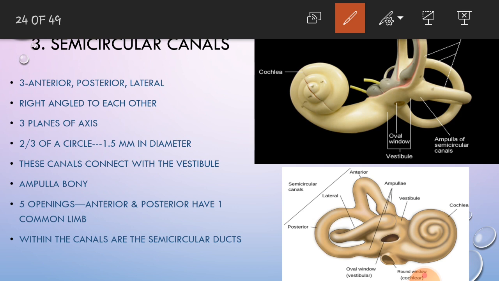So basically there are 5 openings of the semicircular canals into the vestibule. And these 5 because one of the limbs is being shared by the anterior and the posterior semicircular canals. They just communicate with each other and they share a common limb which opens directly into the vestibule. So there are 5 openings. Okay, within these canals are present the semicircular ducts.